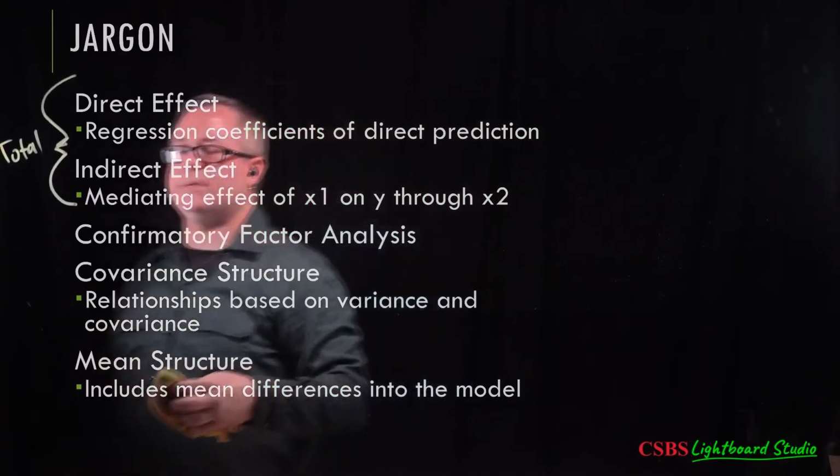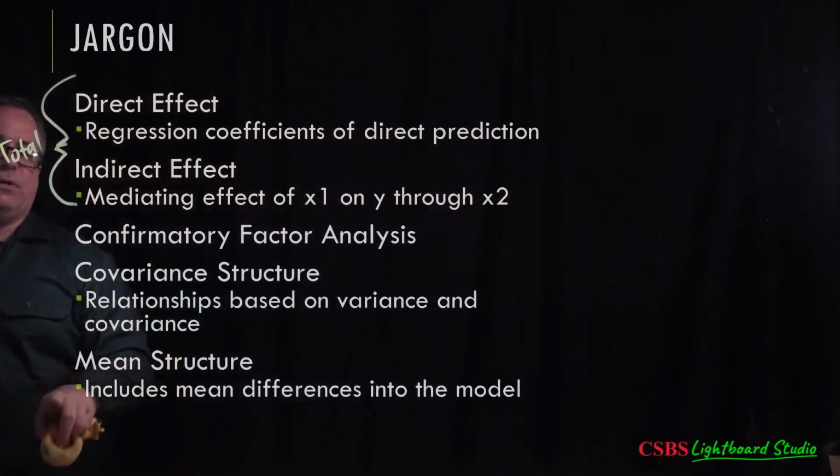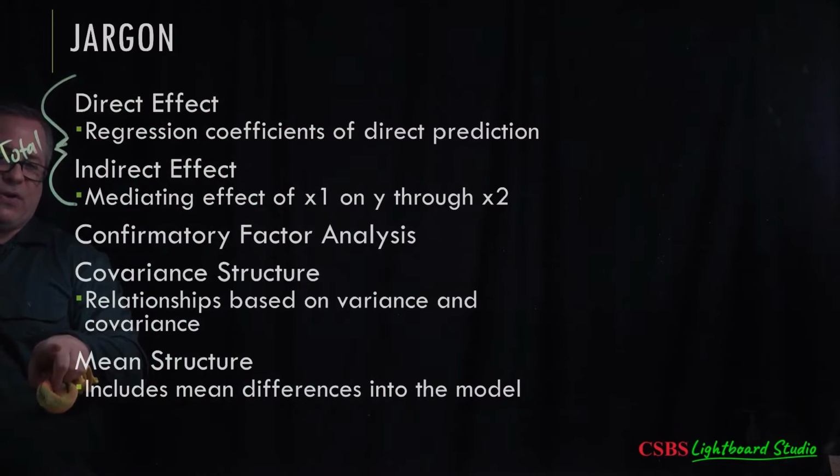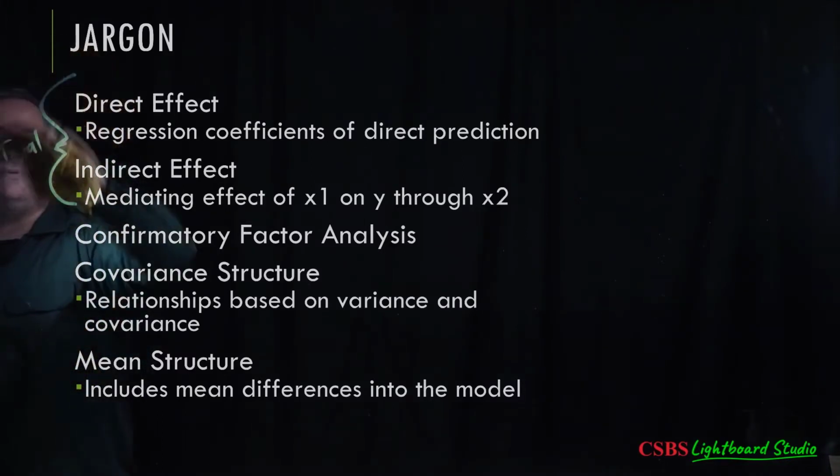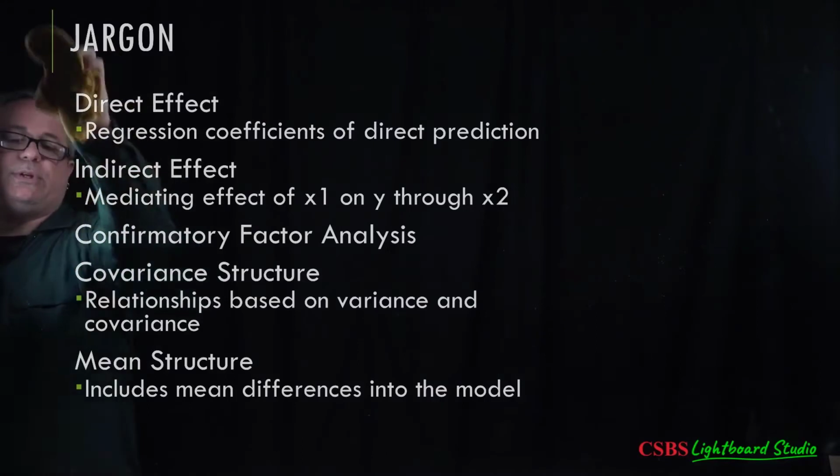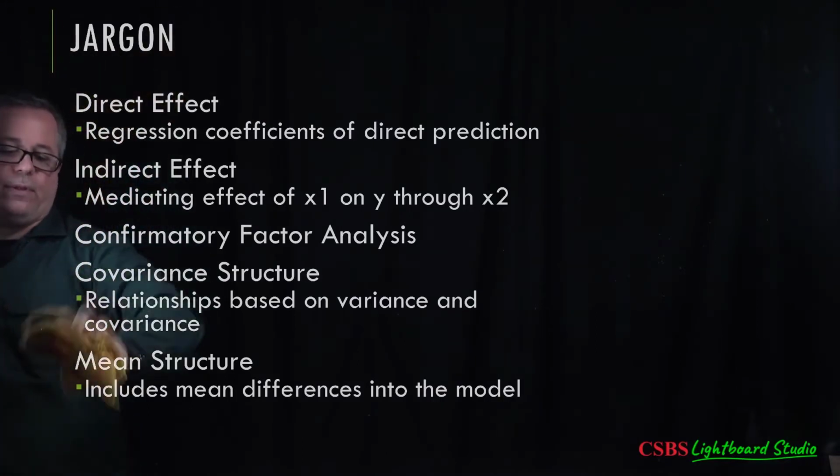Other programs like Mplus assume that you want mean structure and you have to tell it to turn it off. So this one assumes you don't want it and you have to turn it on; this one assumes you want it and you have to turn it off. Different programs have different assumptions about what you want starting off.